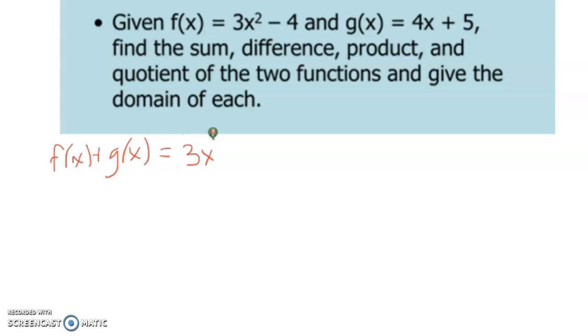So for my sum, when I added them, I'm going to have 3x squared minus 4 added to 4x plus 5. Simplifying that, I get 3x squared plus 4x plus 1.